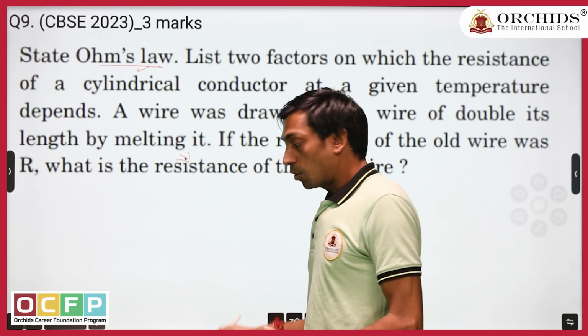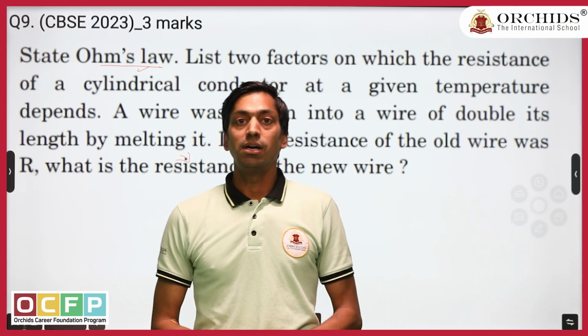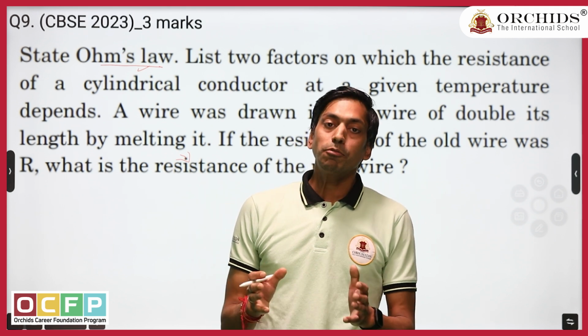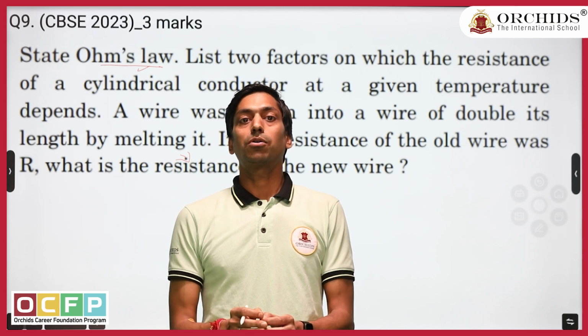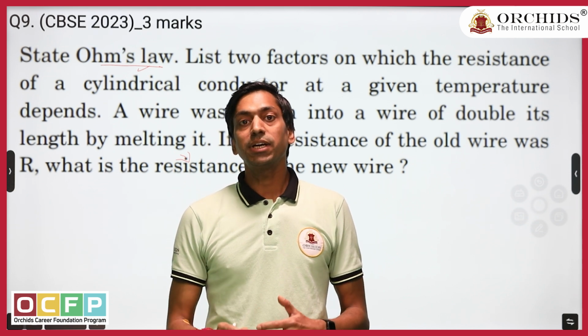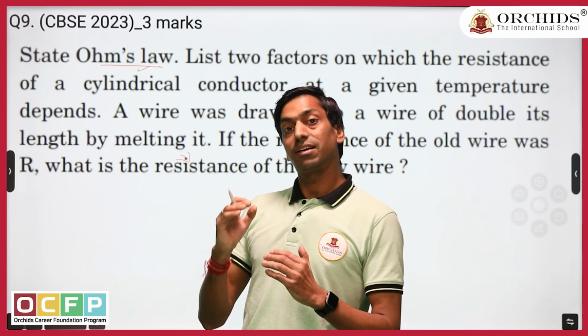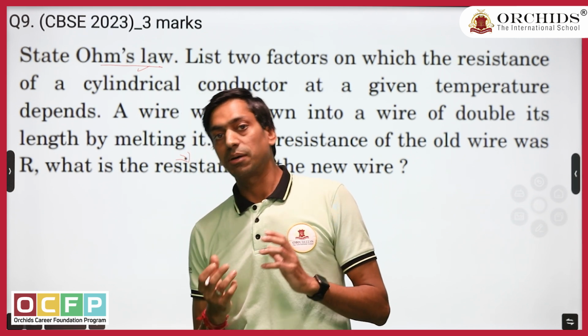According to Ohm's law, the current flowing through a conductor is directly proportional to the potential difference applied across the conductor, by keeping its temperature constant. We should not allow the temperature of the conductor to increase or decrease, because the resistance of the conductor depends upon its temperature.